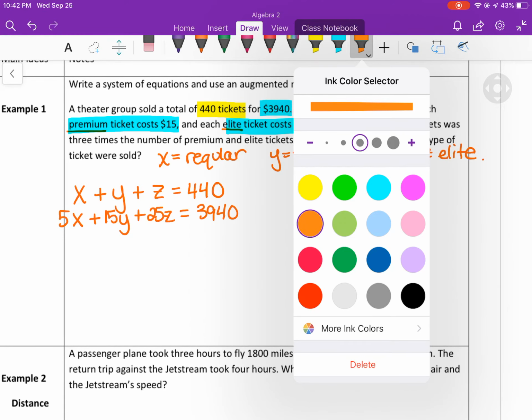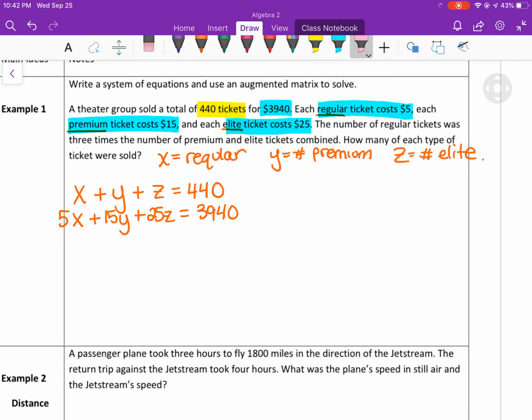So this is our third equation. The number of regular tickets was 3 times the number of premium and elite tickets combined.